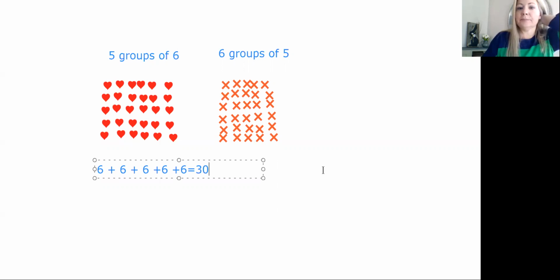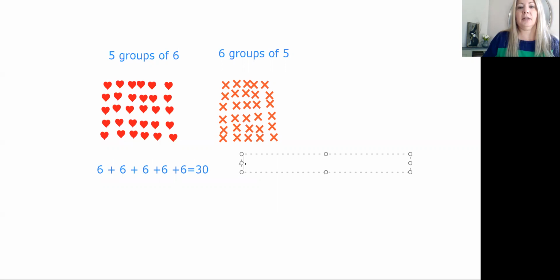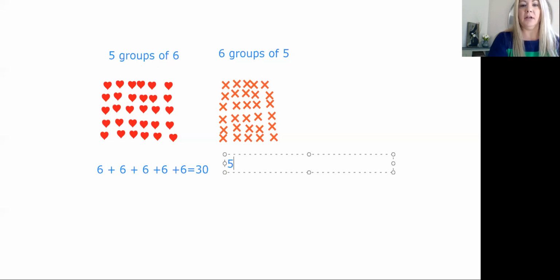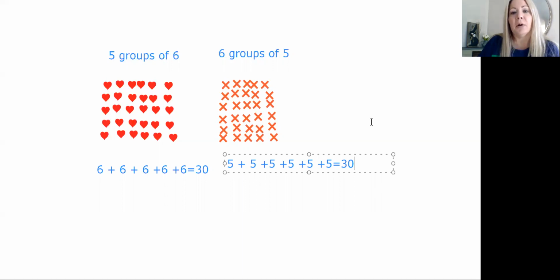And over here, the repeated addition that matches this one is, we've got groups of 5, so we're adding 5s this time. 5 plus 5 plus 5 plus 5, that's 4 5s, 5 5s, 6 5s, also equaled 30.